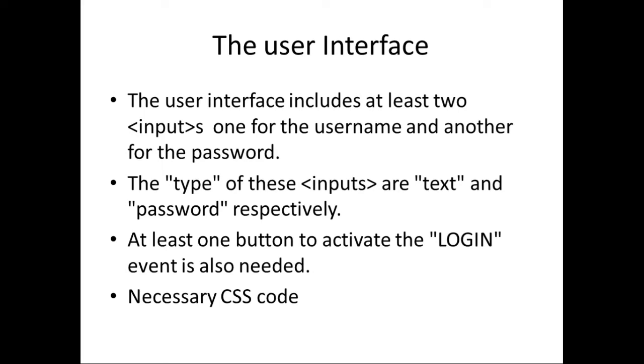And then we have at least one button to activate the login event. So we're going to place a button for that one. And then we're going to include also the necessary CSS codes. One of our CSS codes is to make our program more responsive to the device we're going to use.